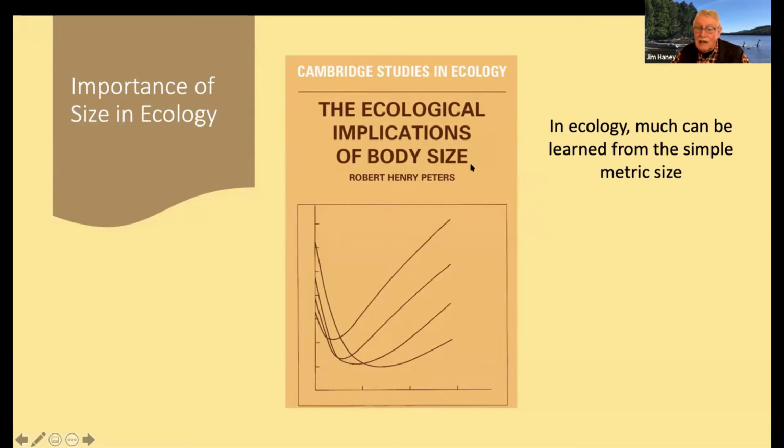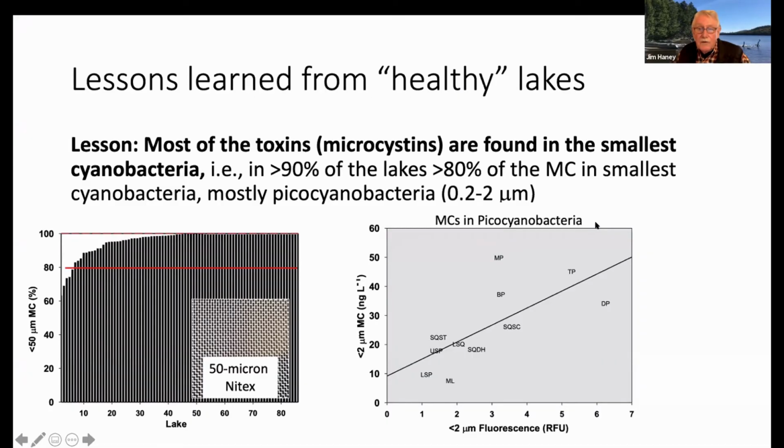It was just a sliding scale of body size predicting a lot of things, everything from reproduction to respiration. And what I learned from that was that in ecology, you can learn a lot sometimes from a very simple metric such as size.